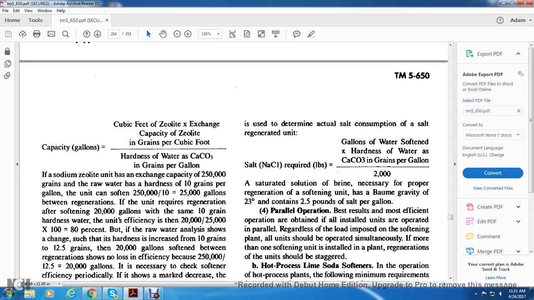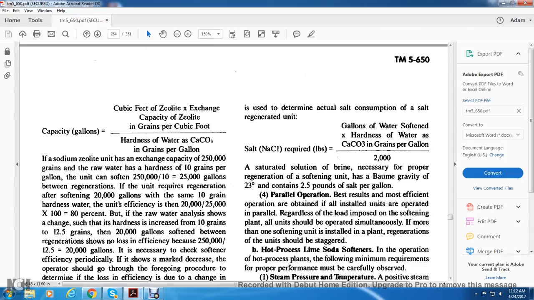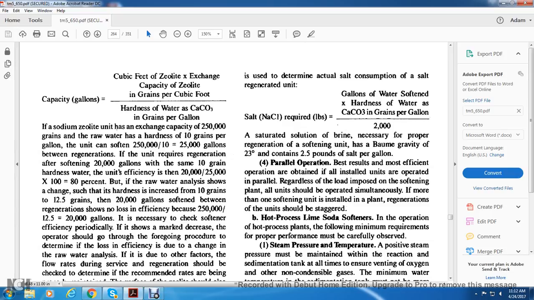If the unit requires regeneration after softening 200,000 gallons of the same 10 grain hardness water, the unit efficiency is 20,000 over 25,000 times 100, or 80%. But if the raw water analysis changes so that hardness increases from 10 grains to 12.5 grains, then 20,000 gallons softened between regenerations shows no loss of efficiency, since 250,000 divided by 12.5 is 20,000 gallons.